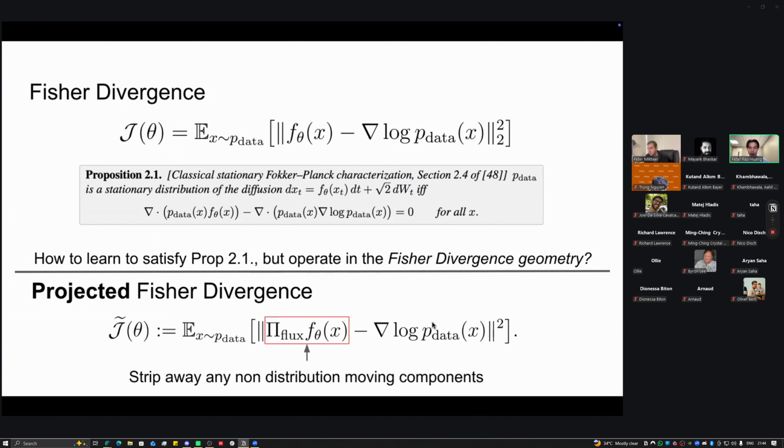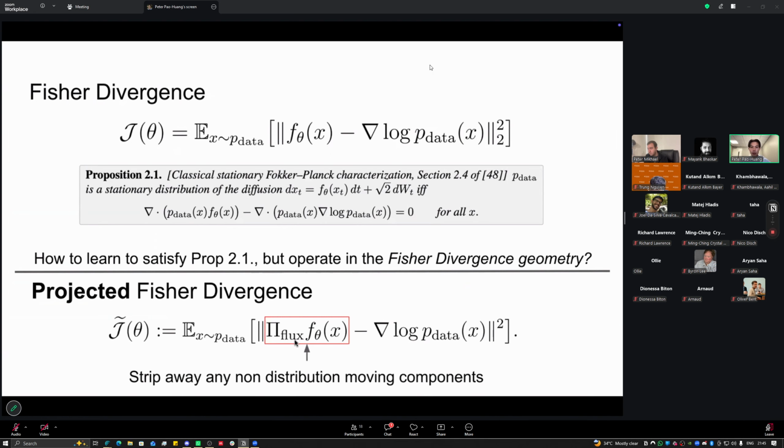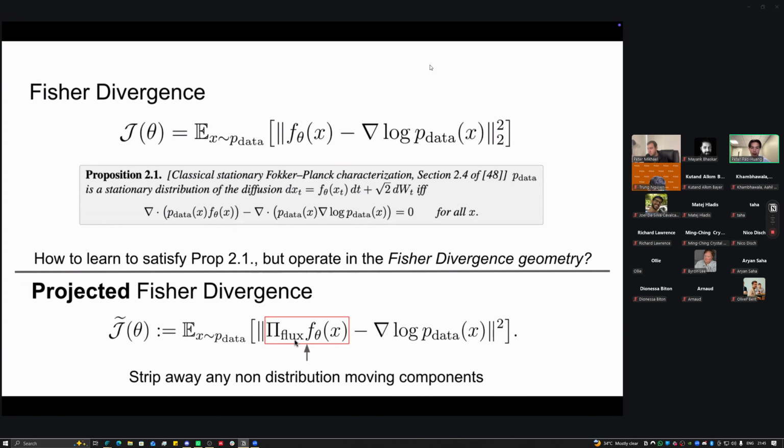And we do that by defining this projection operator, the big pi flux, which projects F onto only the gradient or mass moving component of F, and then compares that directly with the score function. You can think of this projection operator as stripping away all the non-distribution moving components, looking only at the gradient distribution moving component, and comparing that with your score function.